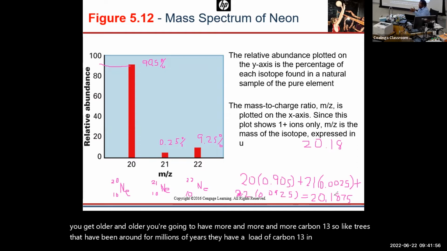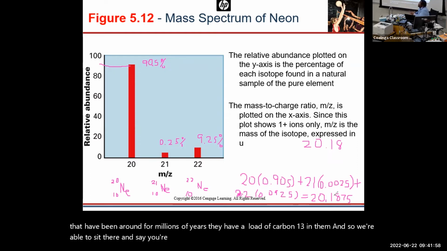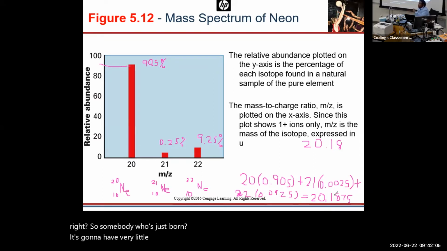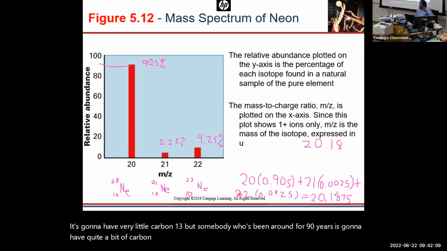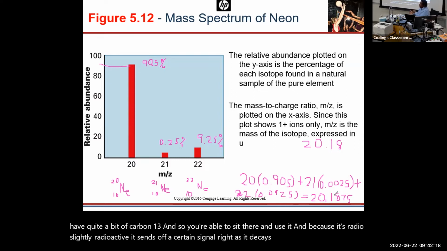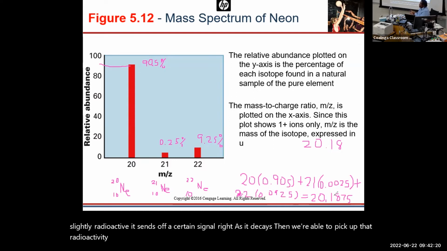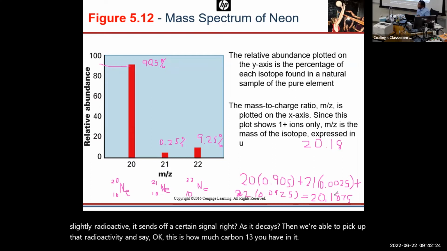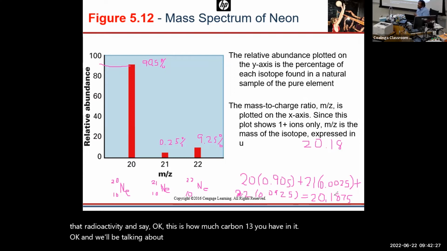And so we're able to say, oh, you're at this age because you have this much carbon-13 in you, right? Somebody who's just born is going to have very little carbon-13. But somebody who's been around for 90 years is going to have quite a bit. And because it's slightly radioactive, it sends off a certain signal, right? As it decays, we're able to pick up that radioactivity and say, okay, this is how much carbon-13 it has. Okay, and we'll be talking about that in the lab primarily.